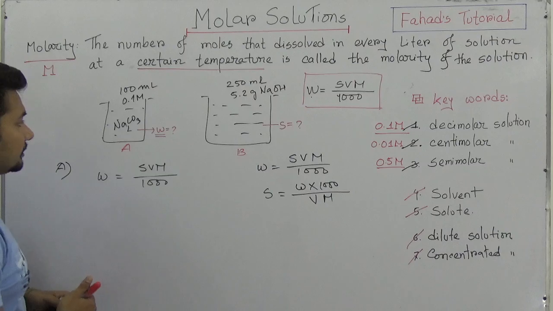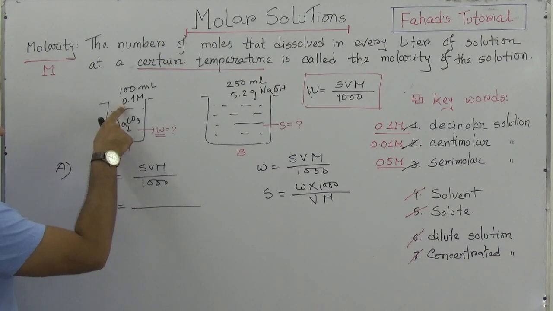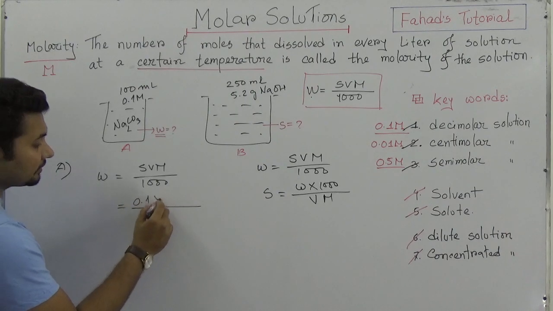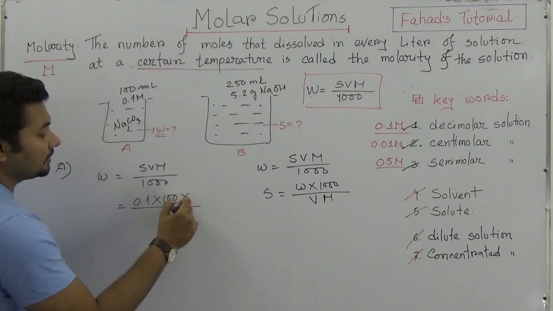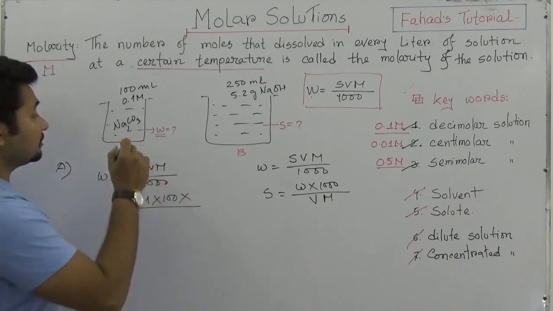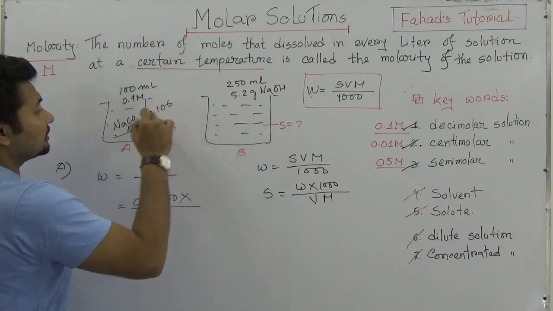Now you think, what's given here? S, which is 0.1 molar, is given. V is the volume, which is 100 ml. And M is the molecular mass of what? Sodium carbonate. We did it earlier: sodium carbonate is 106.